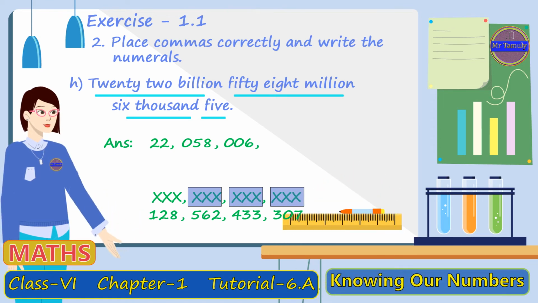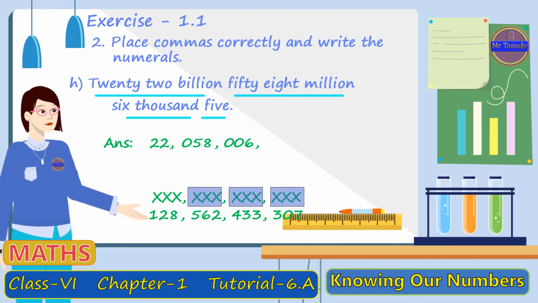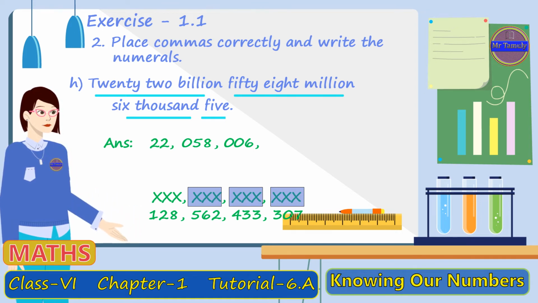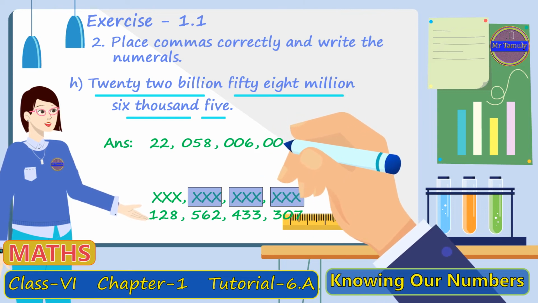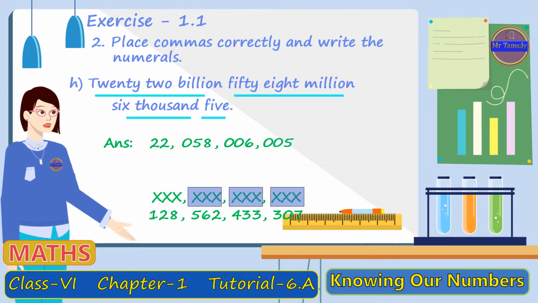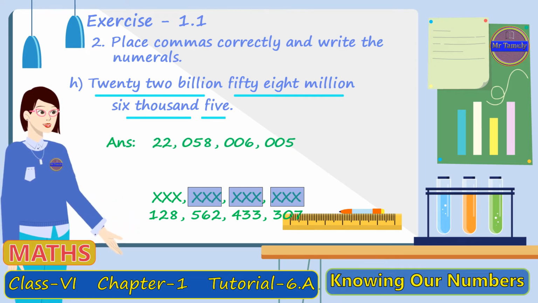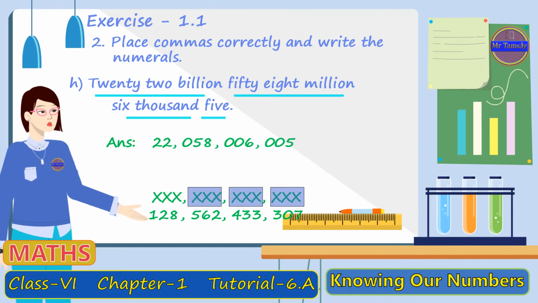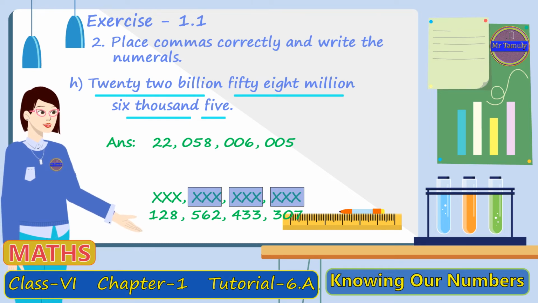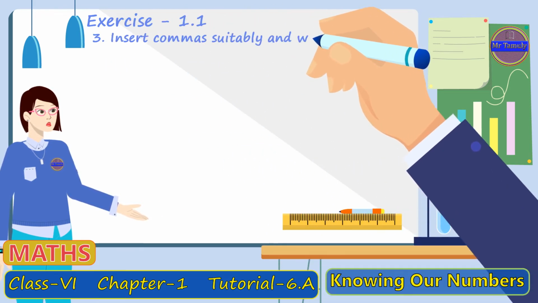Since the number that we have is only 5, we shall fill the positions of hundreds and tens with zeros. That means we shall write 005. So that's how we write 22,058,006,005 in numerals.